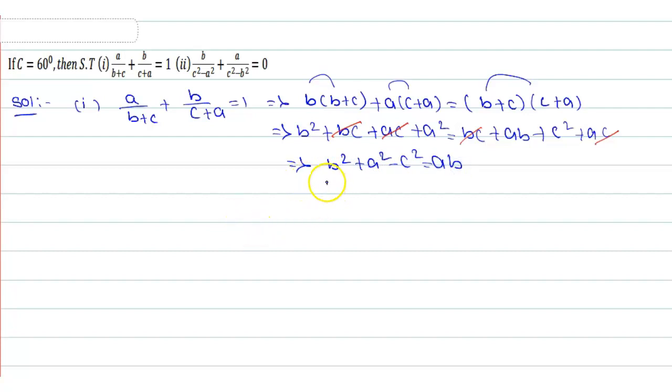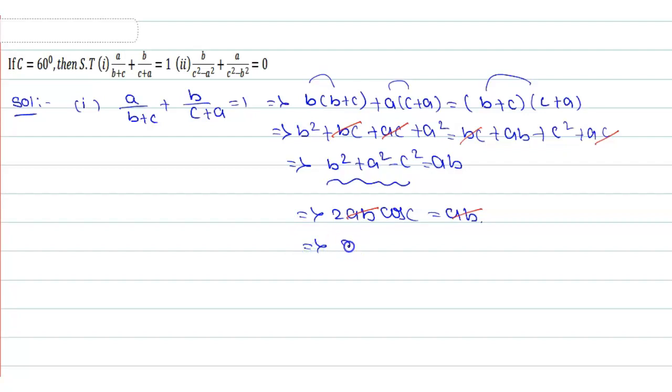So by the cosine rule I can replace this with 2ab cos c, which is equal to the leftover value ab. Now I can cancel the similar terms ab and ab.